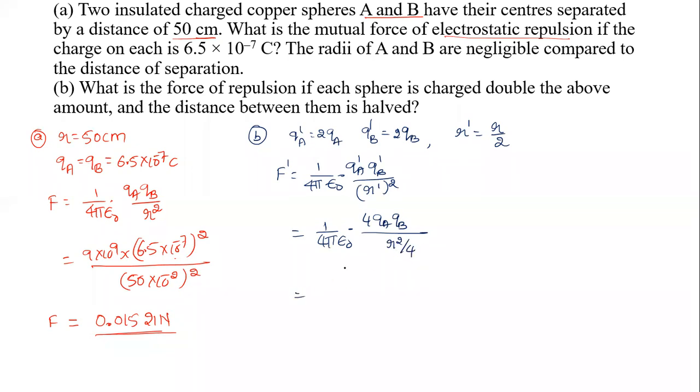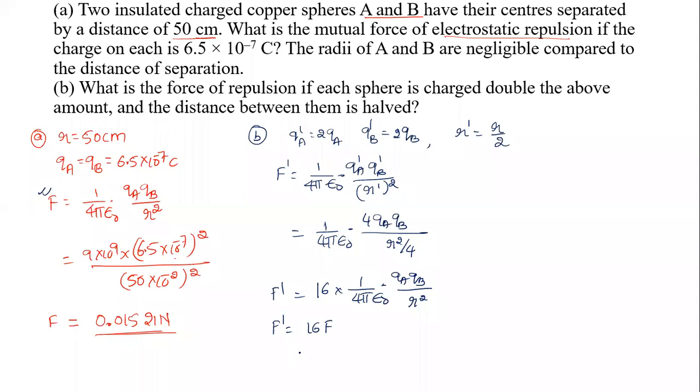This 4 comes to the numerator, and 4 into 4 becomes 16. So 16 times 1/(4πε₀) × qA qB / r², which is the initial force F. So the new force F' equals 16 times the initial force.